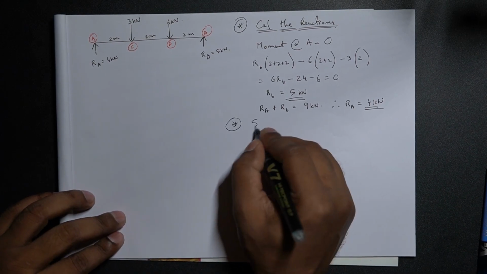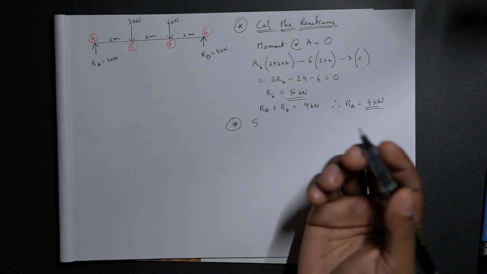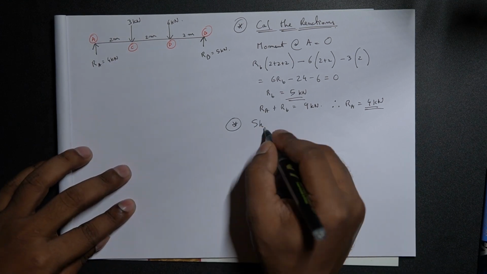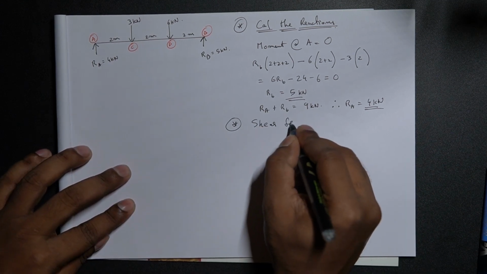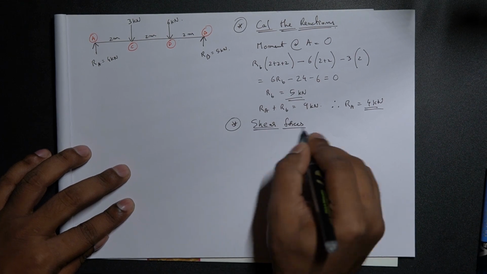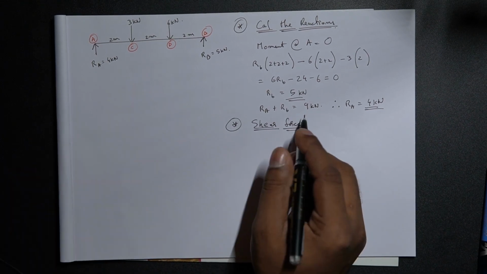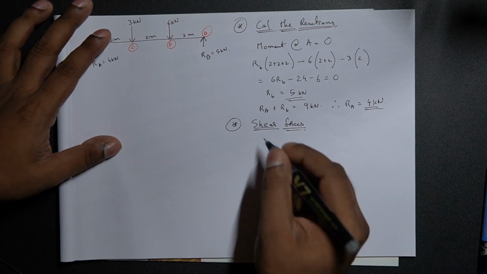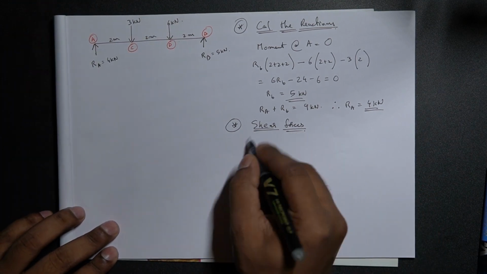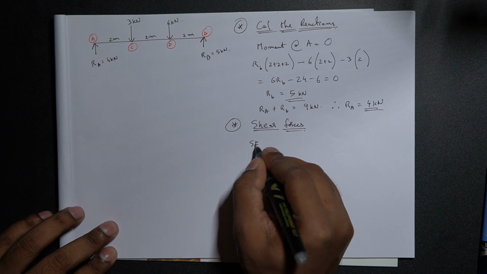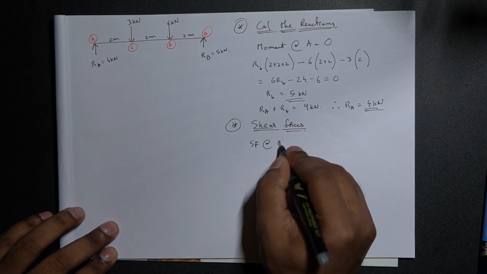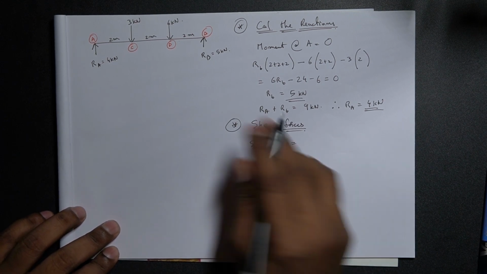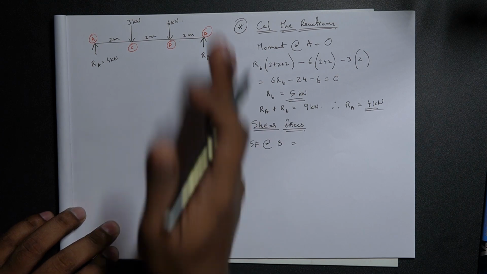So the next step is the generic way of how we usually calculate the shear forces, like your cantilever beam shear forces. Let's start with shear force at point P. Shear force at P, we have RP, which is acting from bottom to top.